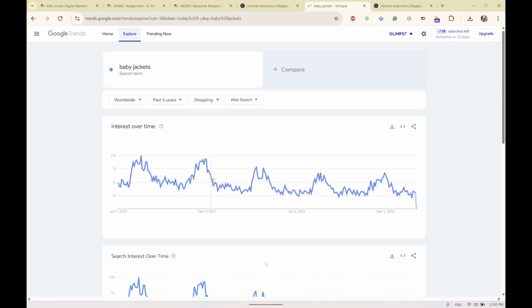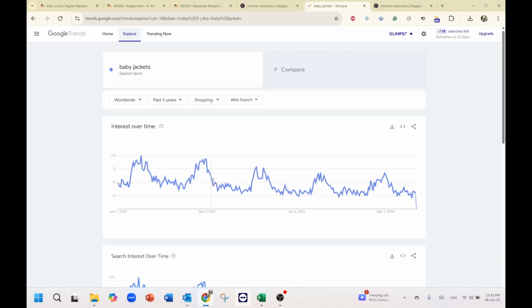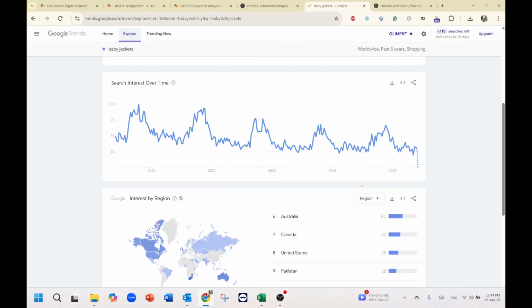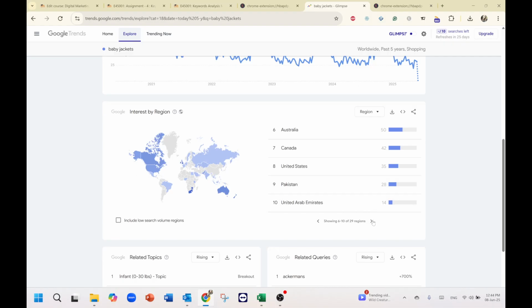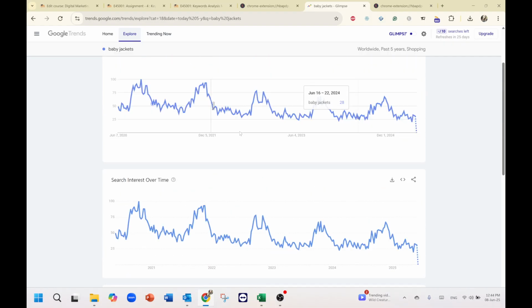But I put all the kind of countries that possibly has some good population that speaks English. But the United Arab Emirates is a very small country, so the whole population is small. However, the proportion of the population that speaks English is very high, but the population itself is very small. You can see there's no Singapore even here because Singapore don't use baby jackets.